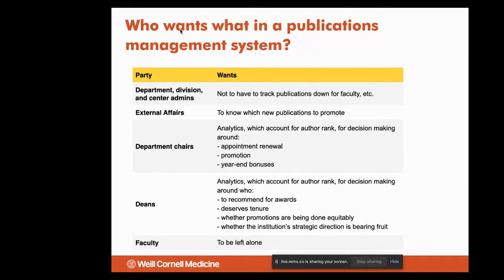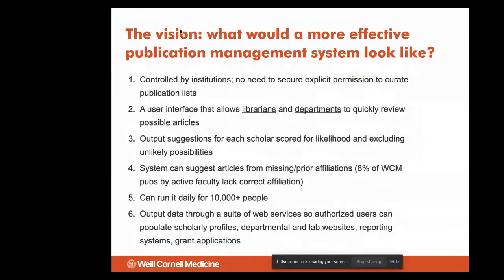It should come as a series of suggestions, and the candidate articles should be scored on the basis of likelihood, and it should exclude a lot of unlikely possibilities. Fourth is that it needs to include publications from missing or prior affiliations. So 8% of Weil Cornell publications by active faculty lack a correct affiliation, so those are falling through the cracks. We need to run it daily for a large number of people, and then we need to share the data through a set of web services.